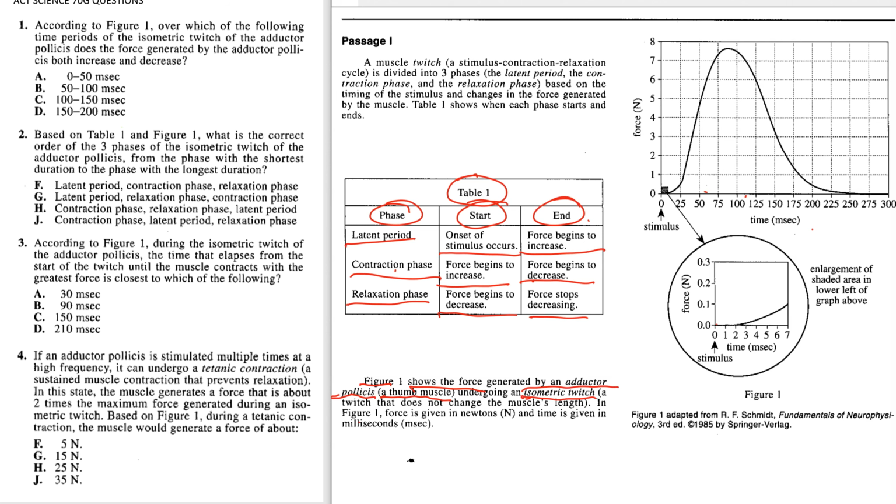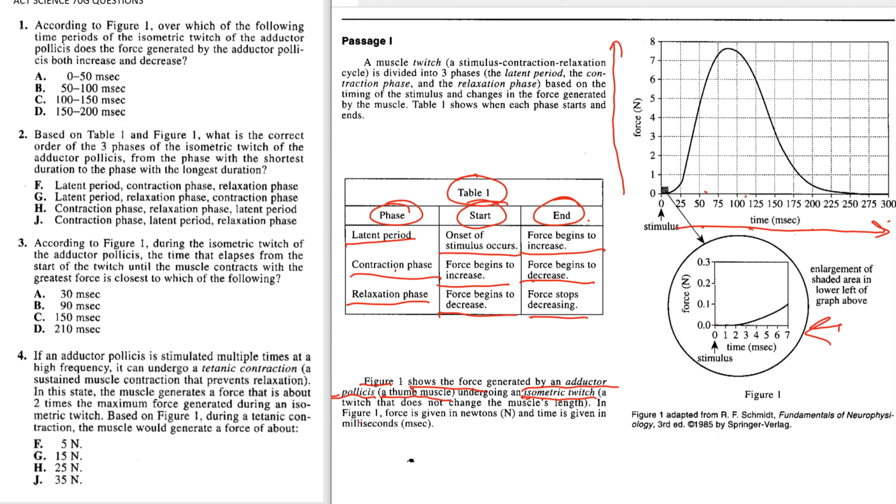Okay. And then we come over to this graph and we see that along the bottom is time in milliseconds, and it's going from 0 to 300. And up the side here we have force in newtons. We just see that the graph increases, then decreases, and then goes flat. And then it's got this little enlargement of the shaded area.